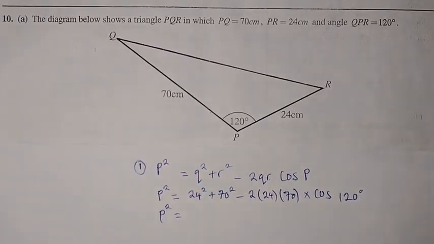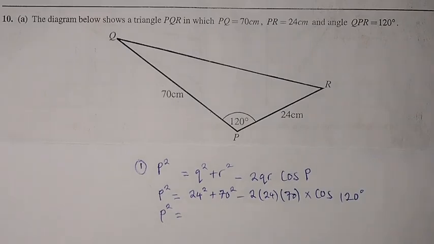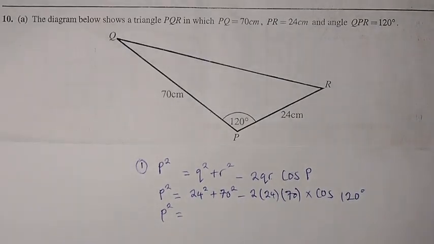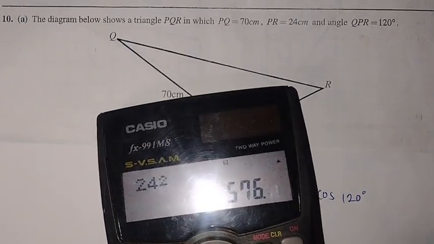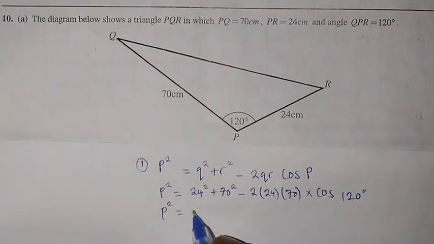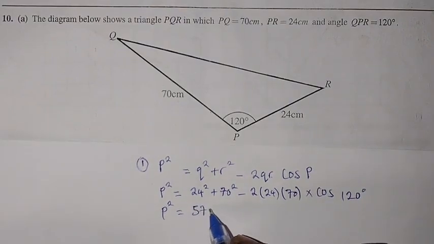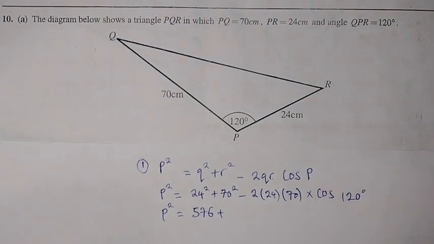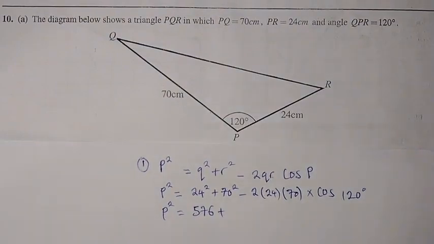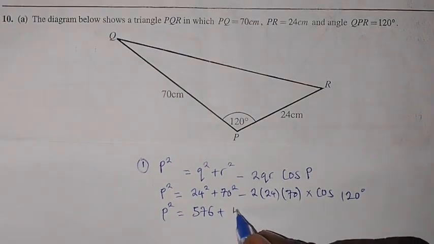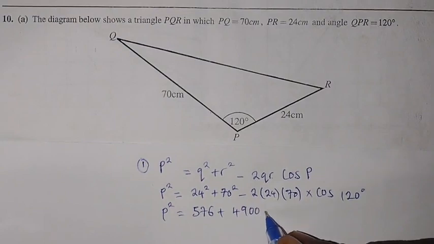So here we just need to punch on our calculator and see the values that we are going to get. 24 squared will give us 576. So we get 576 plus, then 70 squared gives us 4,900 minus.